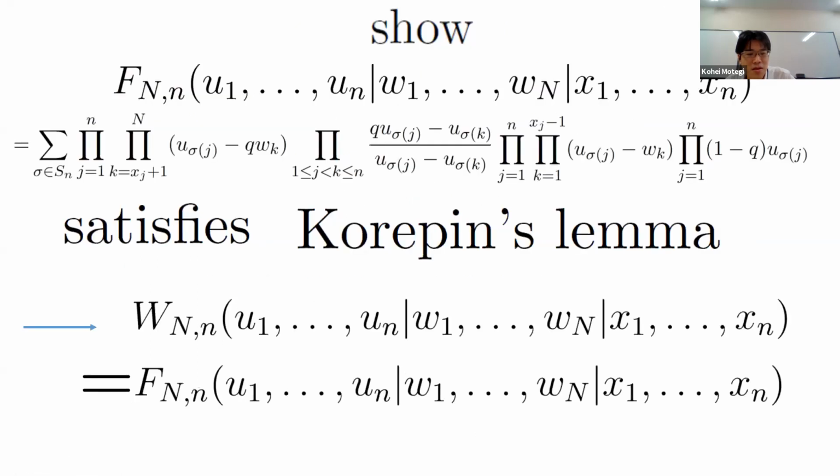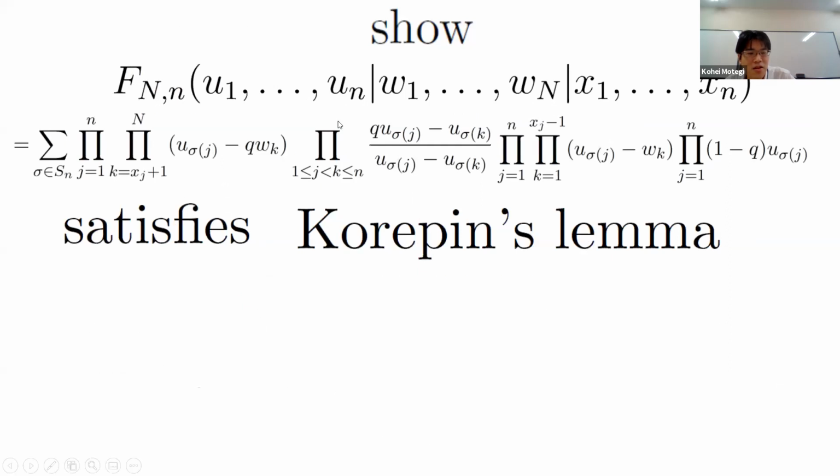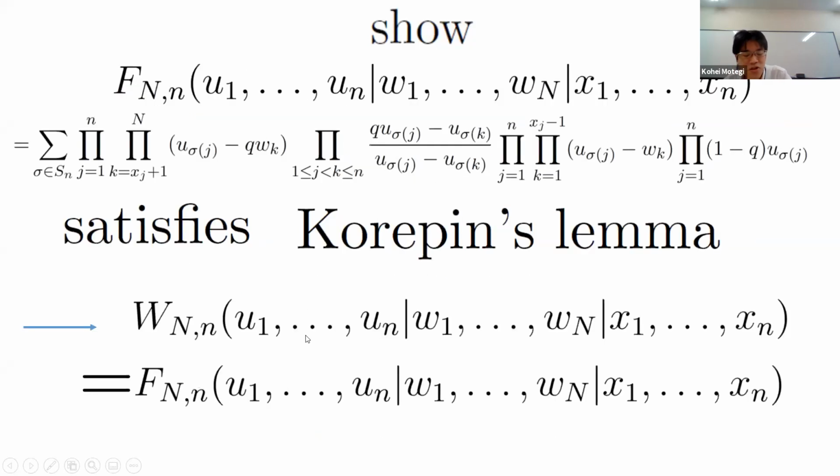And you can show this satisfies all these properties, and then you can conclude that the exact form of the wave functions are these multivariable polynomials.